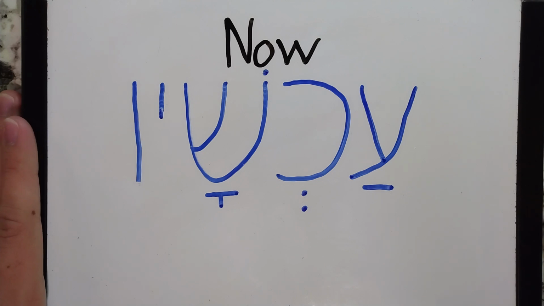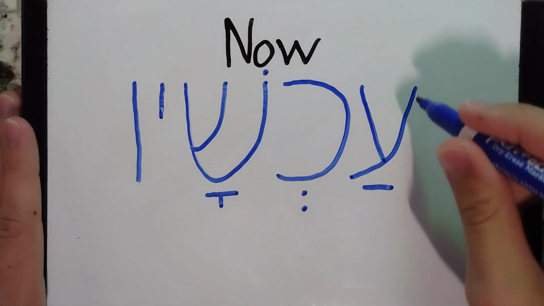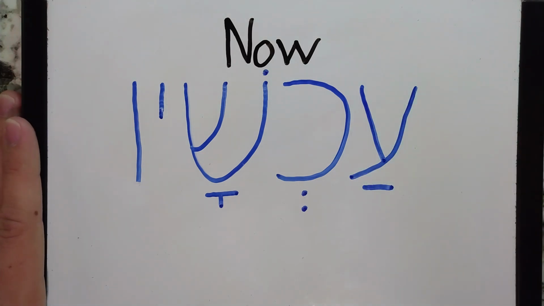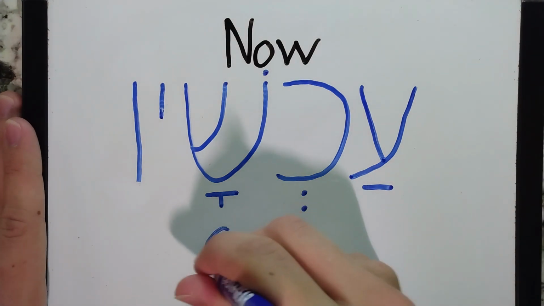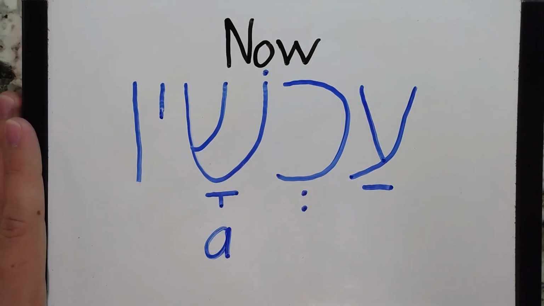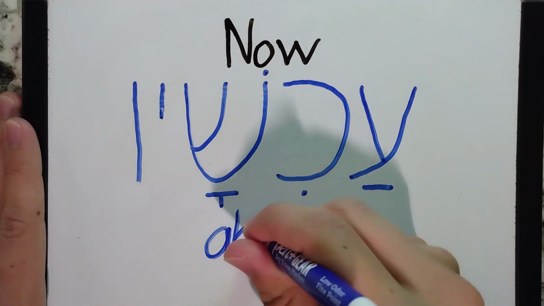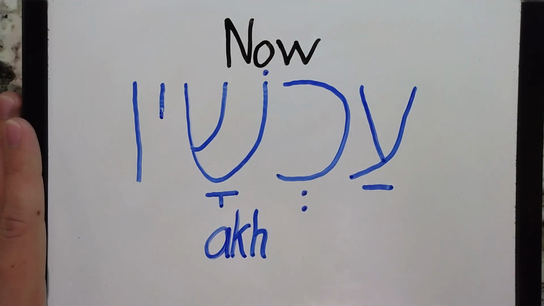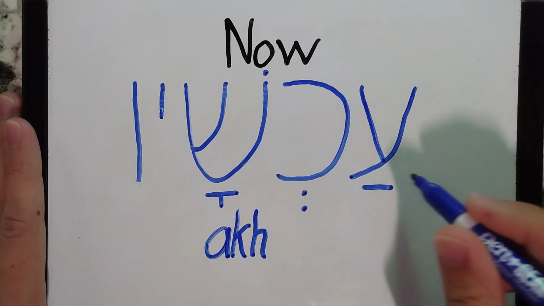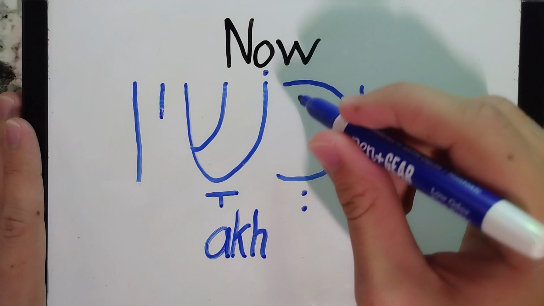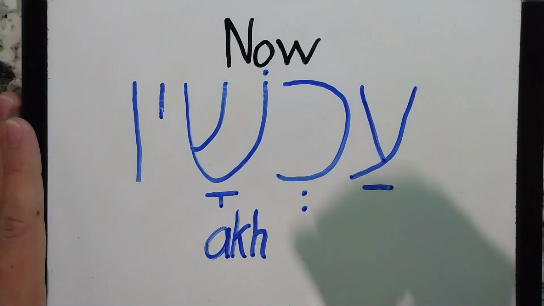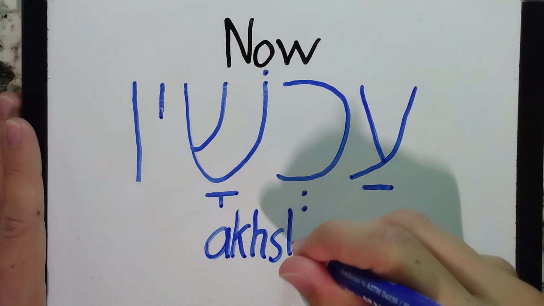This is the word for now in modern Hebrew. It starts with an ayin, which is silent. Under the ayin is a patach, which says ah, and after the ayin is a kaf without dagesh, which makes a guttural ch sound. Under the kaf is a shva, which means this syllable is over. Ach. Next comes a letter shin with a dot on the top right, which says sh.